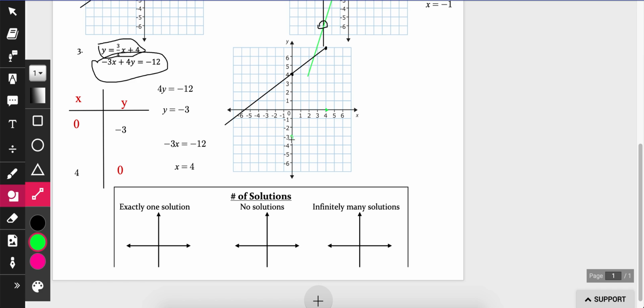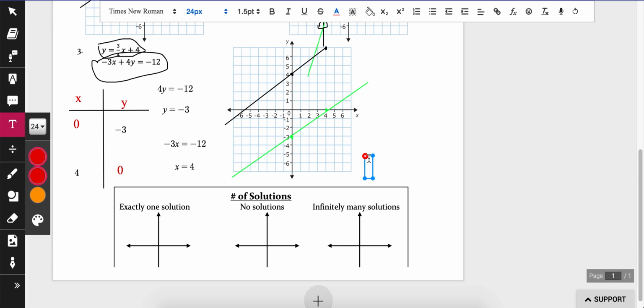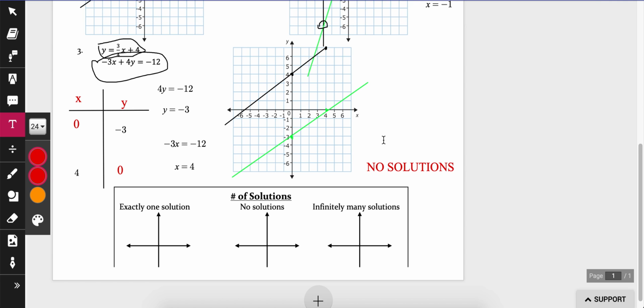I'm going to draw a line through these two points. Now I'm going to look for the point of intersection between the two lines, but we should notice that these lines are parallel, so they're never going to intersect, which means we have no solution. Lines that never intersect have no solutions, and if we have the same line twice, that's infinitely many solutions.